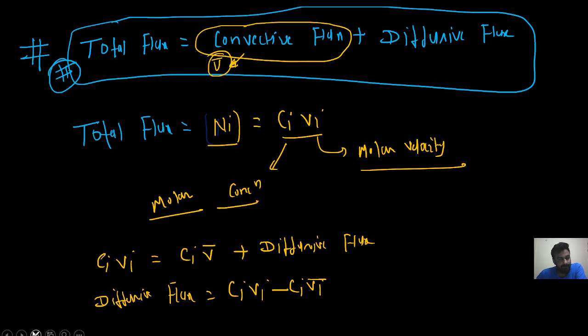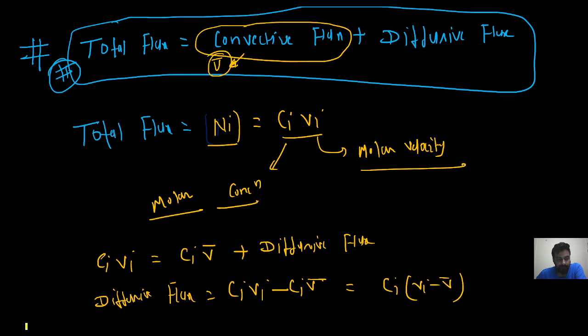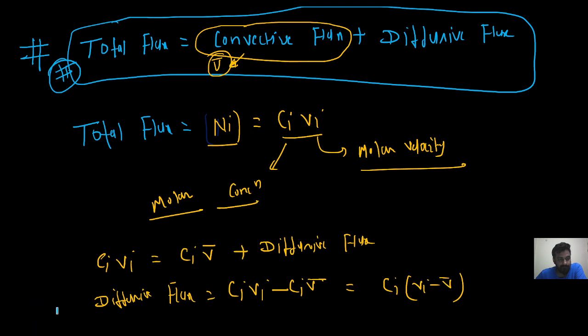You can take Ci common, so you can write Ci into Vi minus V bar, right? So this is our diffusive flux.